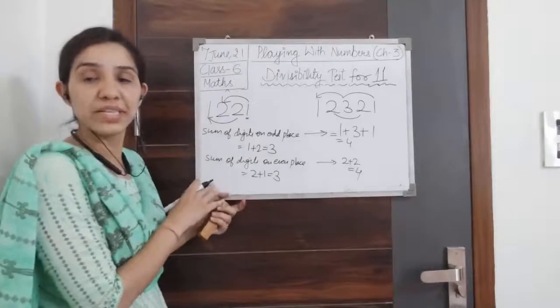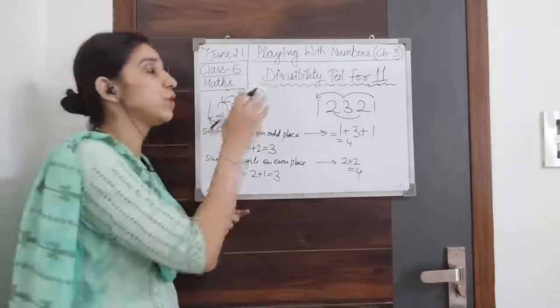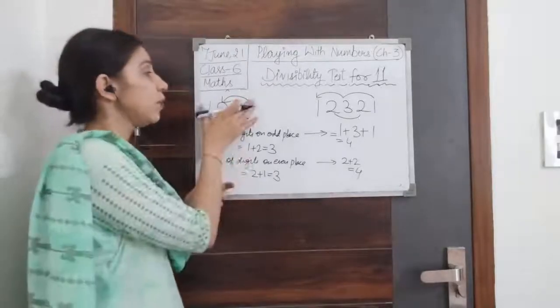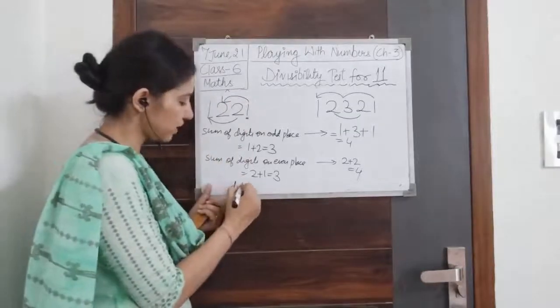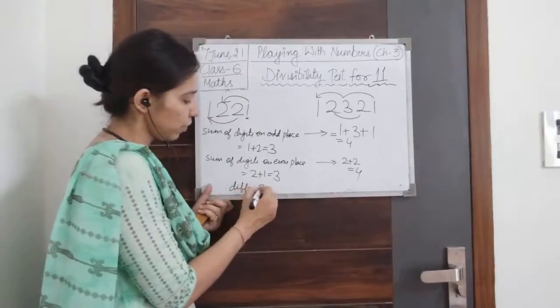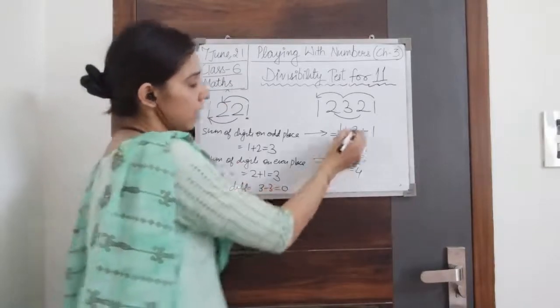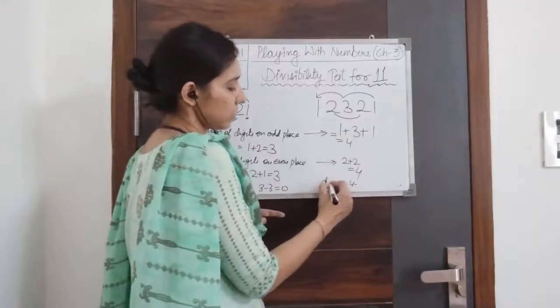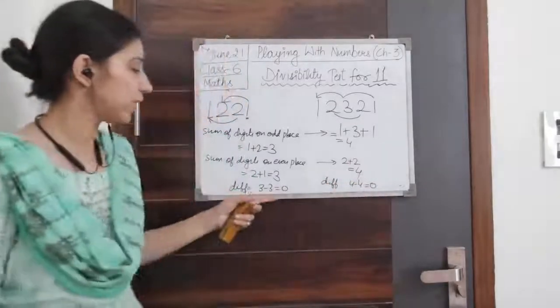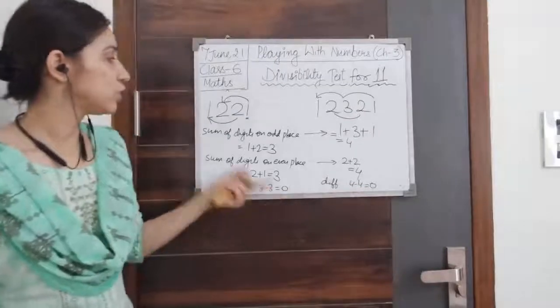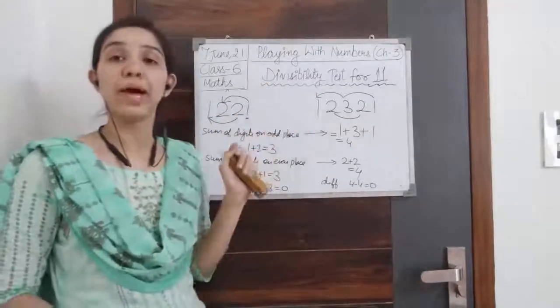If the difference is 0 or divisible by 11 then that number is divisible by 11. In this case आपका difference कितना है, 0 because 3 - 3 is 0 and in this case also difference is 4 - 4 that is 0. In both cases it is 0. It means both these numbers are divisible by 11.